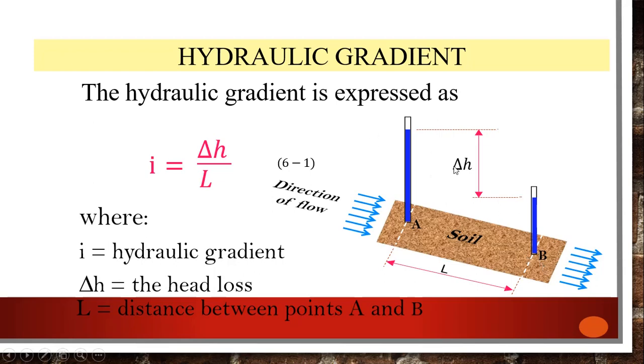So this gives us the head loss when the water is flowing from one side to the other side. So hydraulic gradient is nothing but the head loss divided by the length of the specimen. So i is equal to delta H divided by L, where i is the hydraulic gradient, delta H is the head loss, and L is the distance between points A and B.